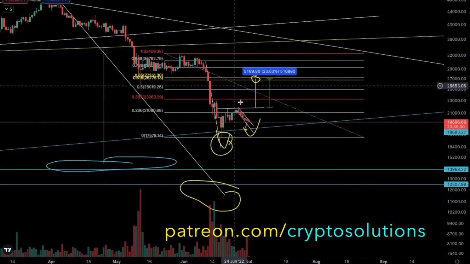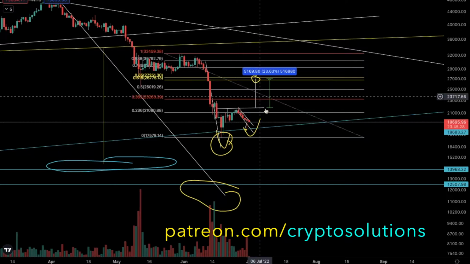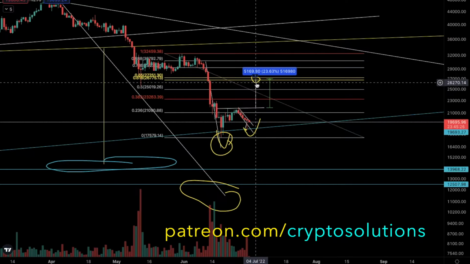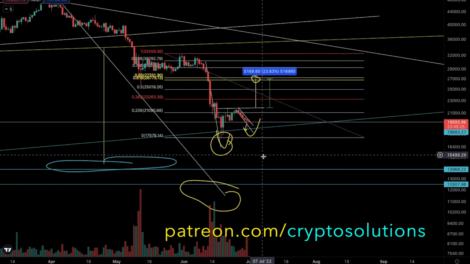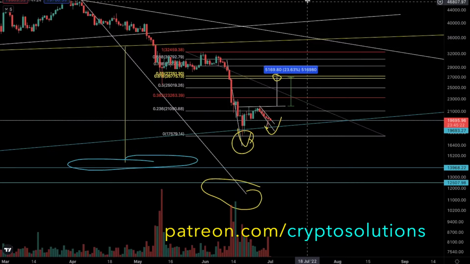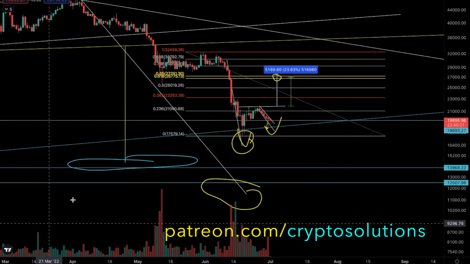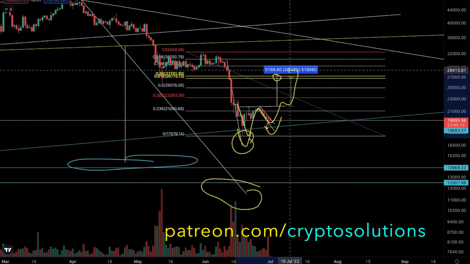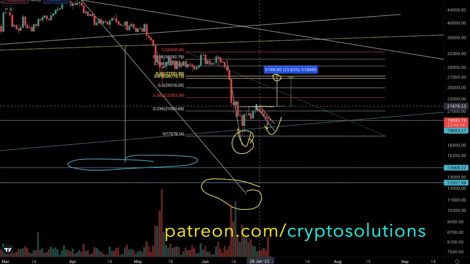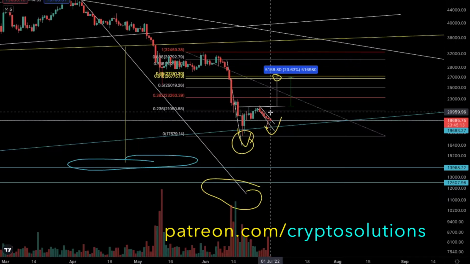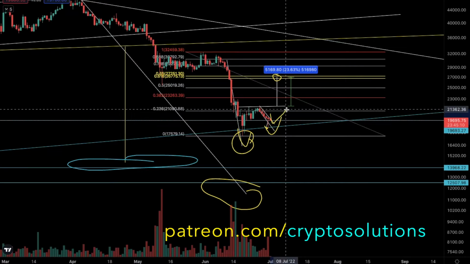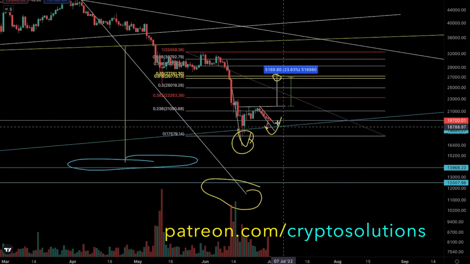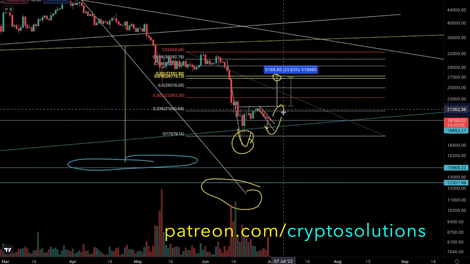So wow, a beautiful confluence, and the more confluence you have, the more likely the target will be met. So yeah, guys, that's what I'm seeing right now. So it's a double bottom scenario. If it breaks this resistance, because the Bitcoin price can just go like this and do this, or fake out.